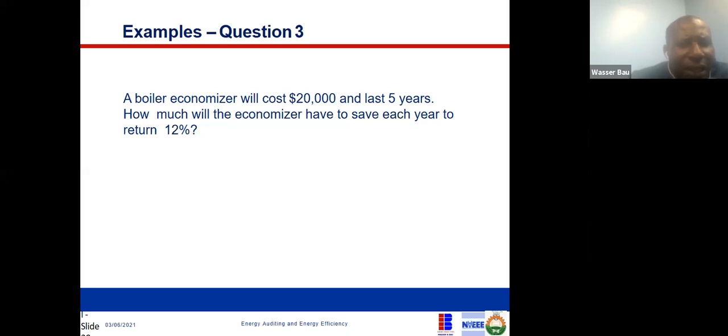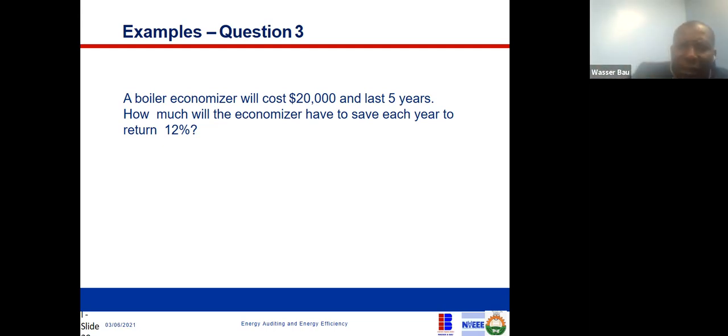Are we getting it? This is equivalent to the other question, but the difference now is that to install this machine, it will cost us $20,000, and after 5 years it will need replacement, or it will die, or it will be unusable, or unserviceable, or they will take it back, whatever.